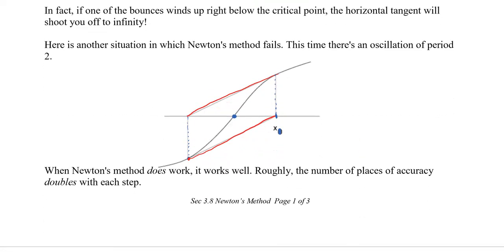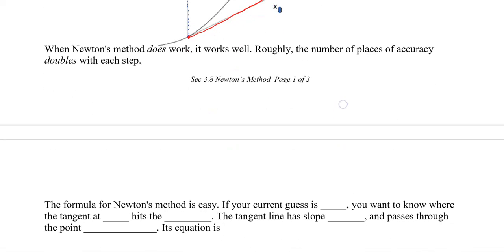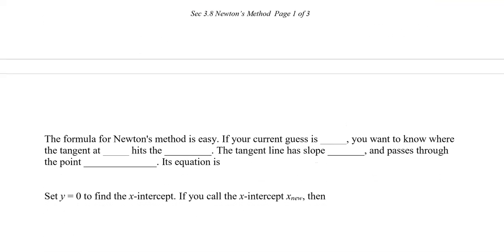So roughly the number of places of accuracy will double with each step. So let's take a look at how this works. So the formula isn't that difficult. So let's say the current guess is my old value. So I'm going to call it x sub old. So you want to know where the tangent at x sub old hits the x-axis.